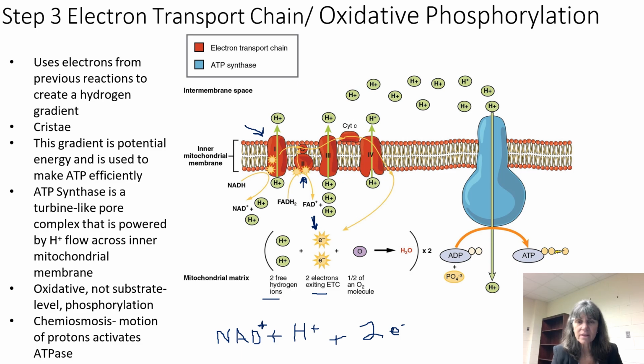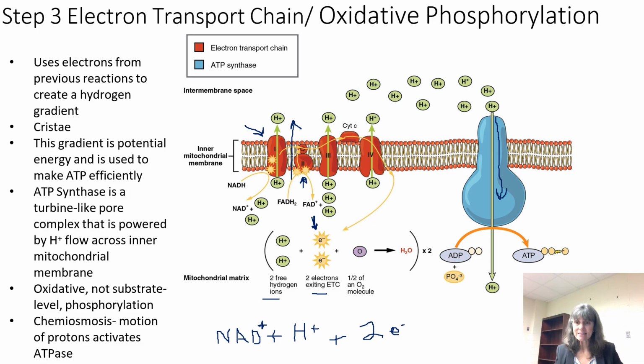And so they're going to go across the membrane, and they're going to be collecting in the intermembrane space between the cristae and the outer portion of the mitochondrion. And they're creating, at this point, an electrochemical gradient that will move through a special protein enzyme, and this enzyme is referred to as ATP synthase.